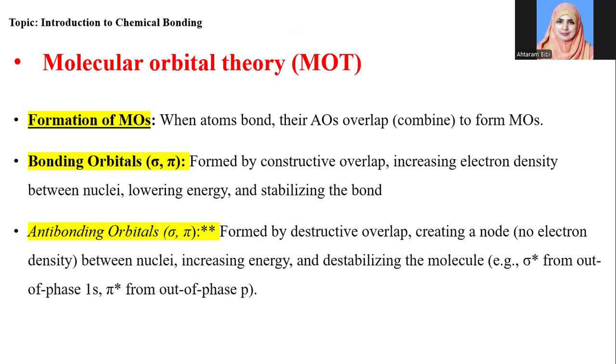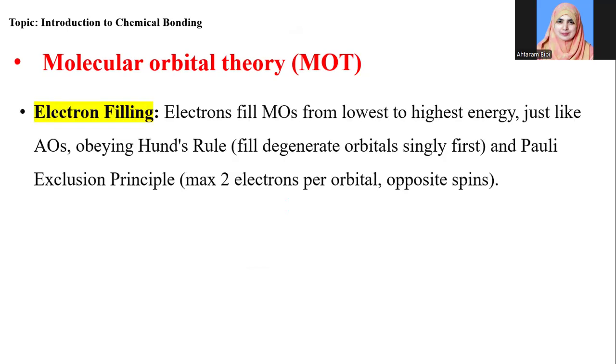So we can see that in molecular orbital theory, there are two types of molecular orbital formation: the bonding orbitals, which are lower in energy, and the anti-bonding orbitals, which are higher in energy, generally represented by sigma star and pi star. As they have more energy, these molecules are generally destabilized. Another characteristic property of molecular orbitals is the filling of electrons in the molecular orbitals.